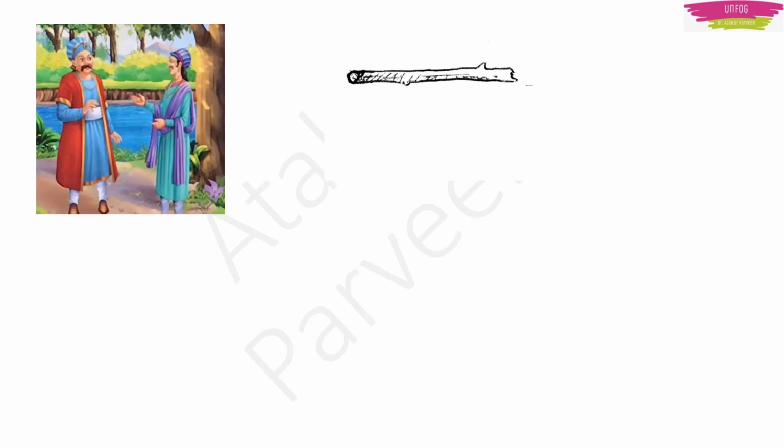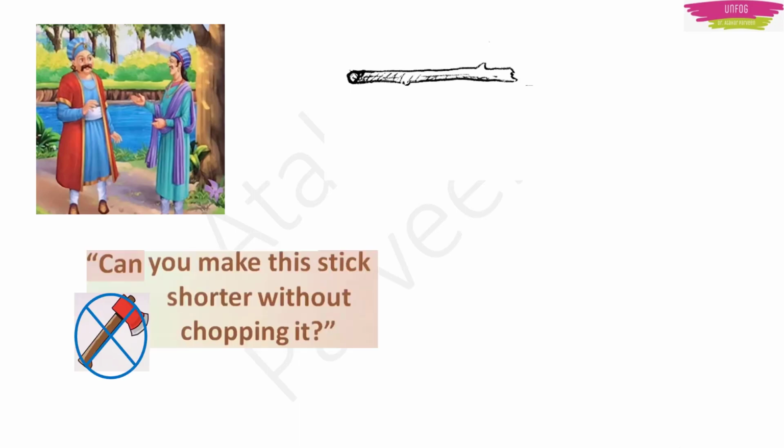He showed that bamboo stick to Birbal and told him, can you make this stick shorter without chopping it? You cannot use an axe and all, you shouldn't cut it. Without cutting, can you make this stick short?